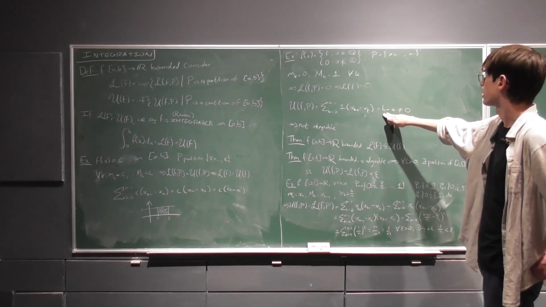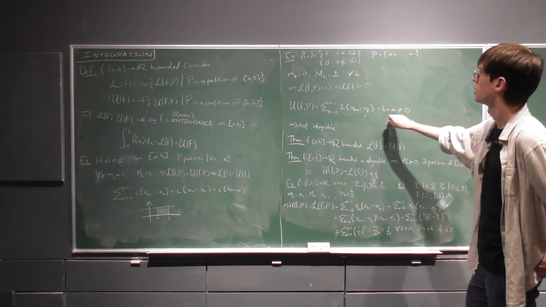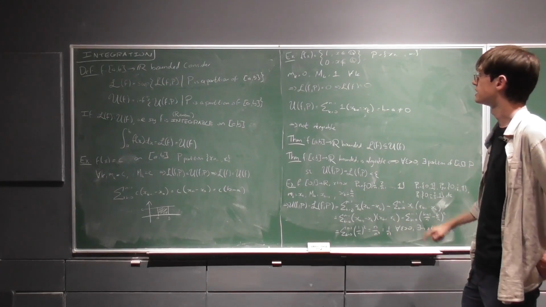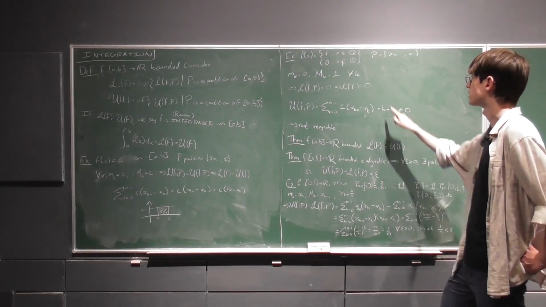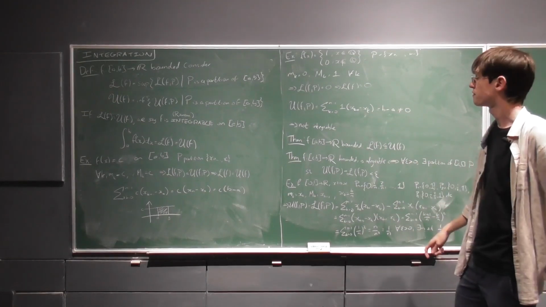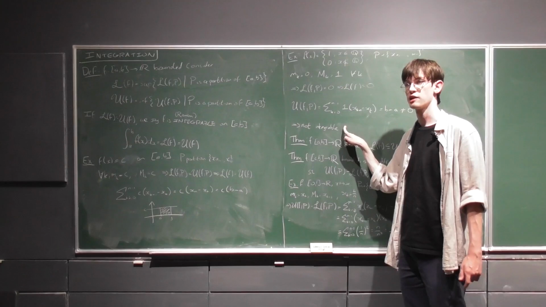Now this ends up being not dependent at all on the choice of partition. So that means that UF is b minus a, which is not equal to 0, which is what LF was. So UF is not equal to LF, so this is not integrable.